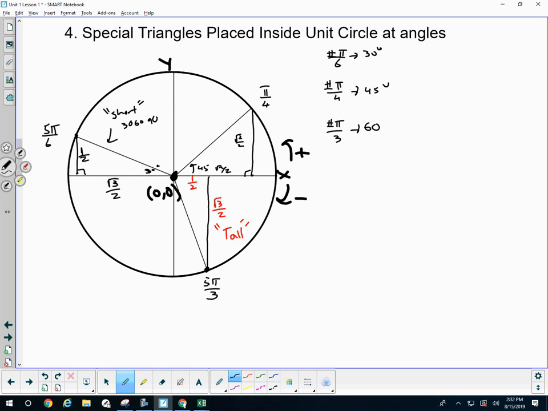The other positives and negatives we have to worry about is traveling from the origin. I'm going to say this measurement right here is actually negative. I'm going to say this measurement right there is negative. However, 1/2 can stay positive. This root 3 over 2 can stay, this root 2 over 2 can stay positive. This 1/2 can stay positive.